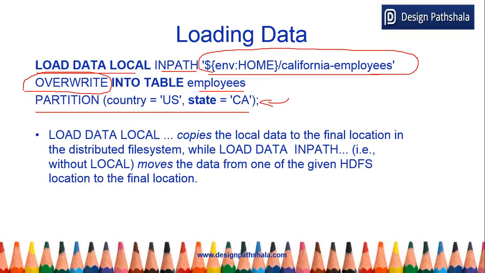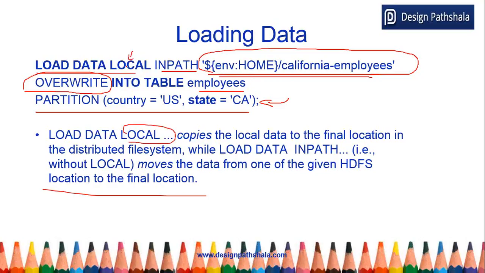So there's a little difference between load data local and without local. Load data local copies the local data to the final location in the distributed file system, while load data without local as a keyword inpath moves the data from one given HDFS location to the final location. So when I'm giving local as a keyword over here, this path which I'm giving is a local path of my Unix world.